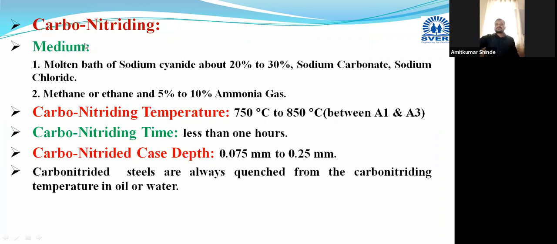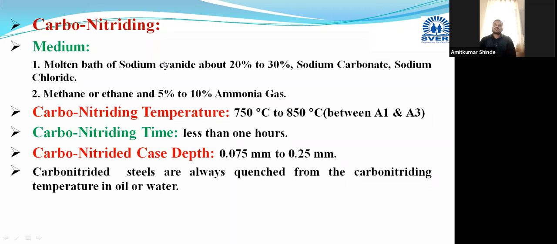In carbonitriding, we are introducing carbon and nitrogen both on the surface of the steel, and as the carbon should be present in the form of martensite to get the desired hardness, the subsequent heat treatment is done. Heat treatment is also necessary here.